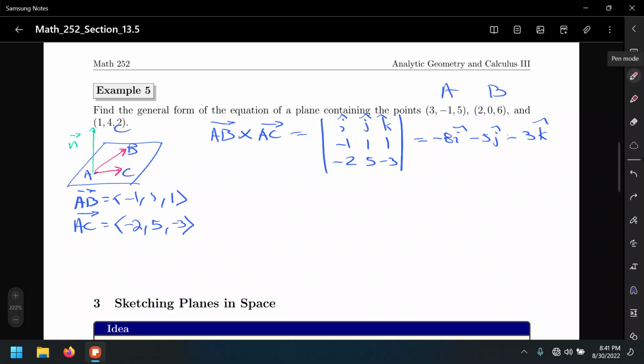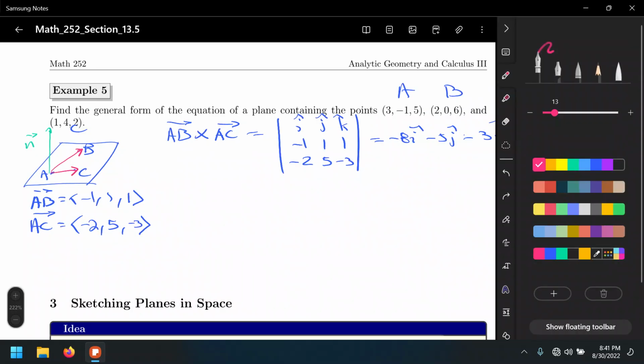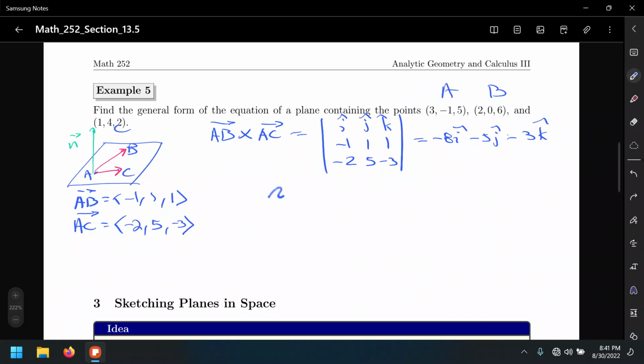All right. So what do we need? Okay. So for the plane, that's a times x minus x initial plus b times y minus y initial plus c times z minus z initial equals 0, where a, b, and c are the components of the vector that is normal.